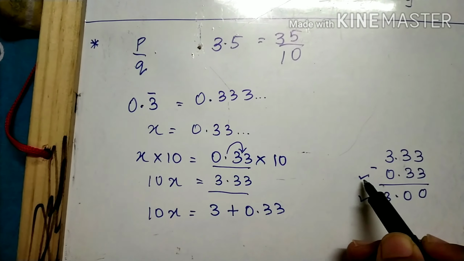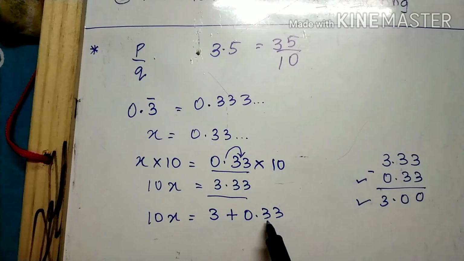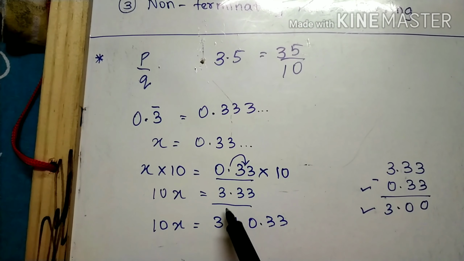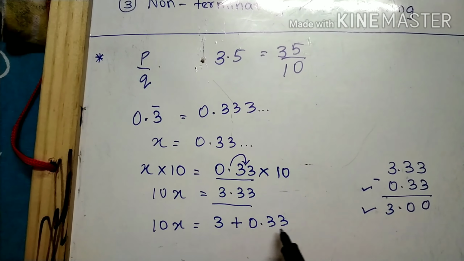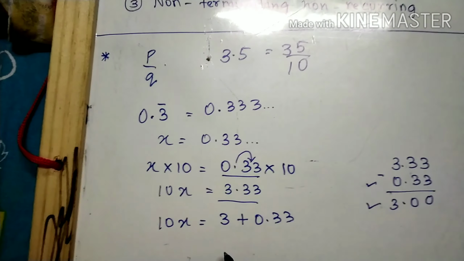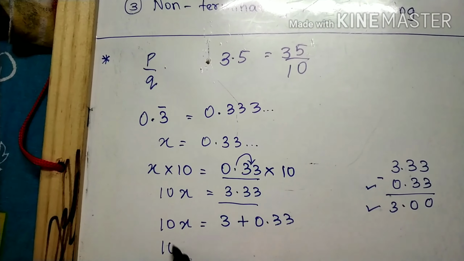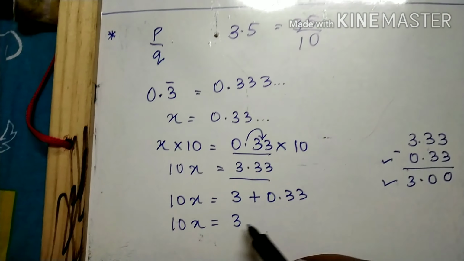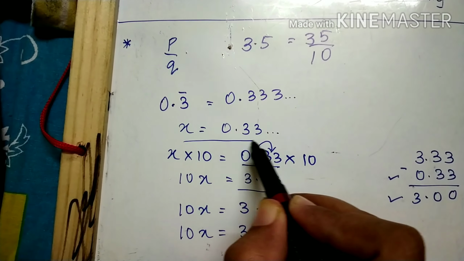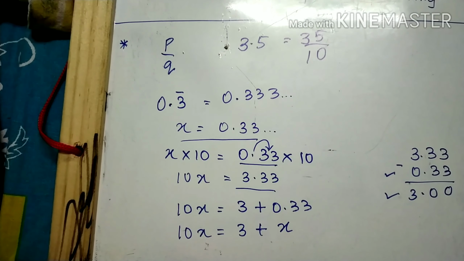Eventually after calculation you get the same number. We are just splitting 3.33 into 3 plus 0.33. Now 10x equal to 3 plus, what is 0.33? That is your x. So just write x.